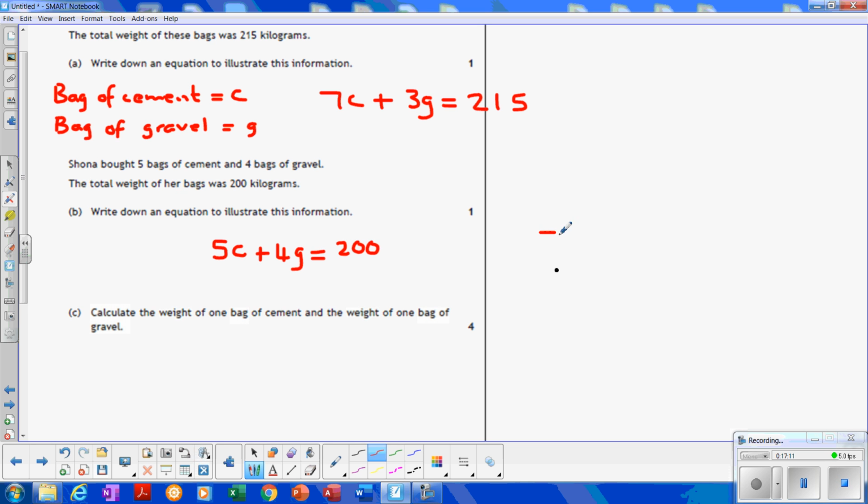So our two equations: 7C plus 3G is equal to 215, and 5C add on 4G is equal to 200. Now we have to look to see which letter we're going to eliminate, and then multiply to eliminate one of them.